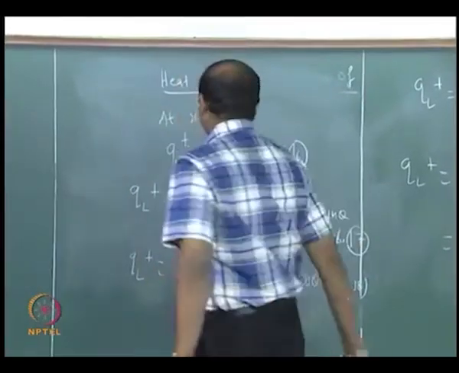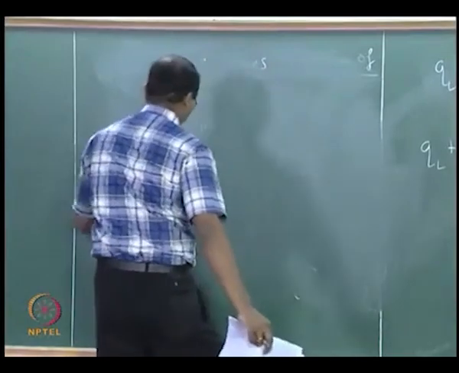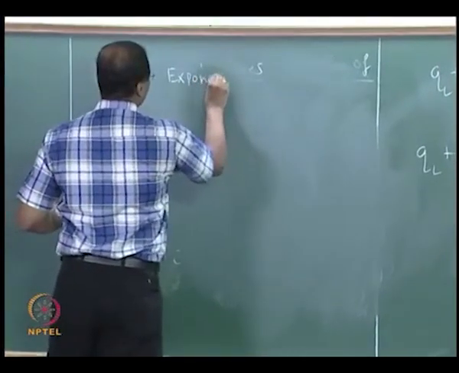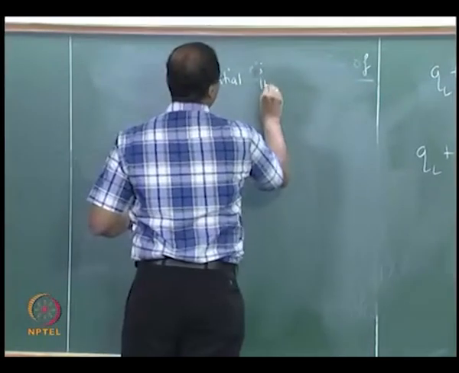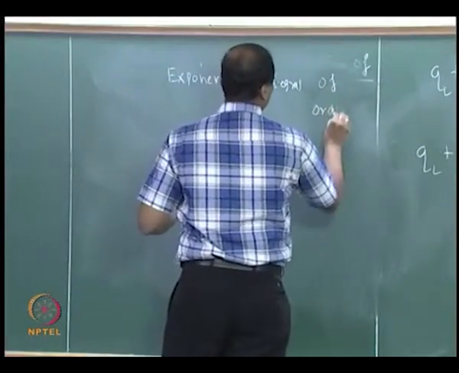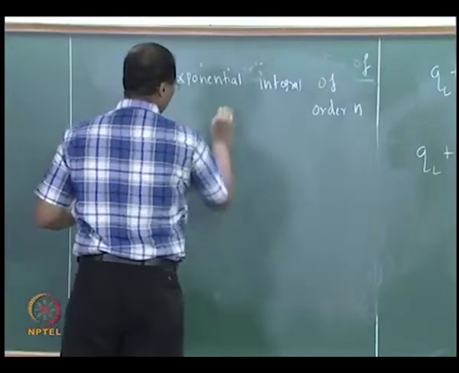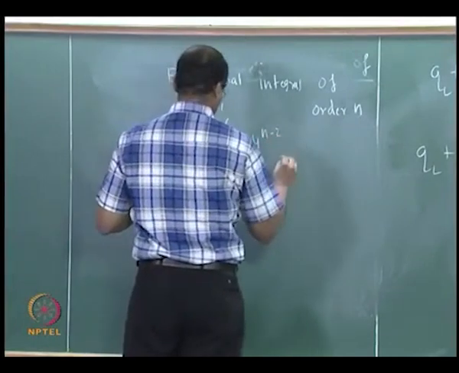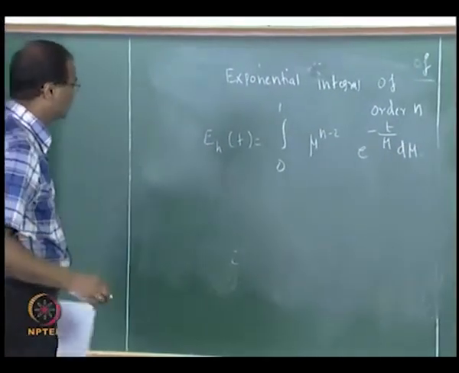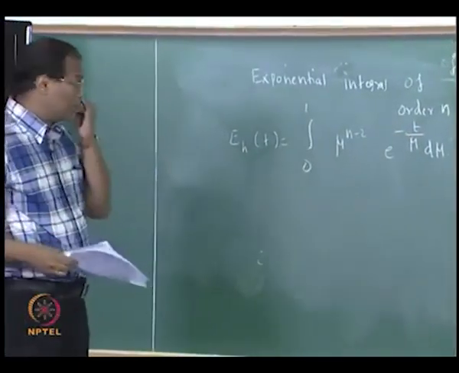Okay, so the general exponential integral is given like this: mu to the power of n minus 2 into e to the power of minus t by mu, that is the general exponential integral of order n.